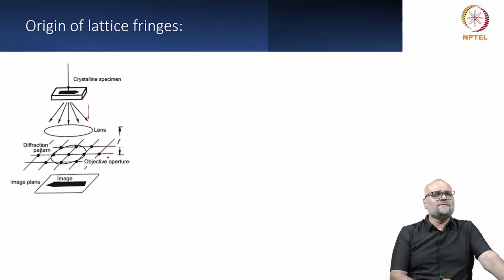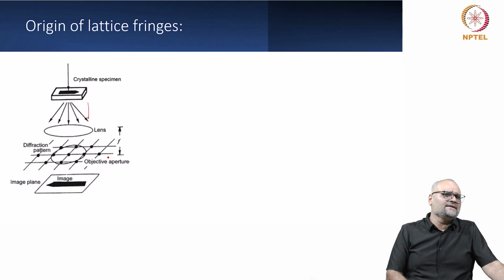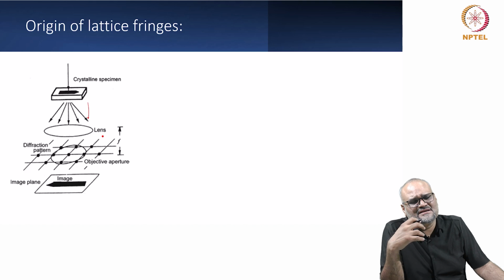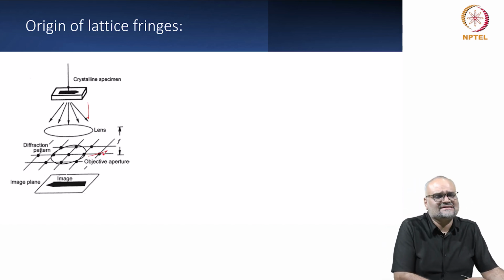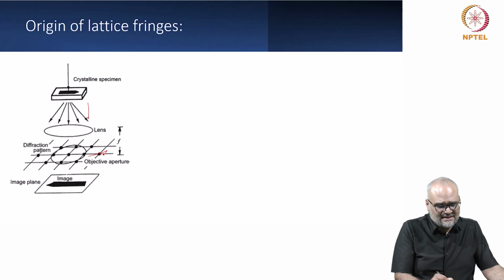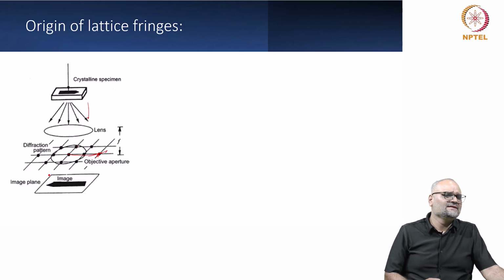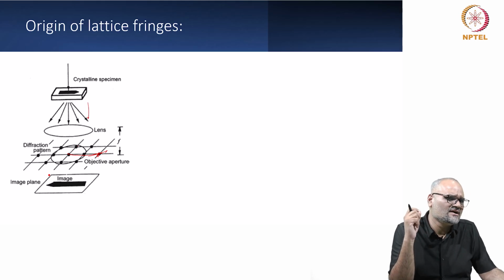At the back focal plane, I see a spot array, depending on the resolution of my imaging system in the microscope, and sometimes you can put in an aperture to restrict the information that you get. This is what you do for selected area diffraction, but the farthest spot that appears corresponds to the resolution of the image that you are recording.